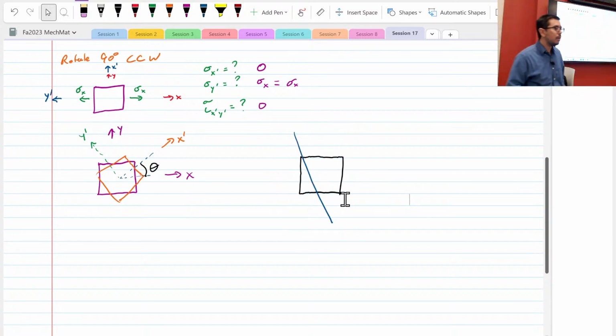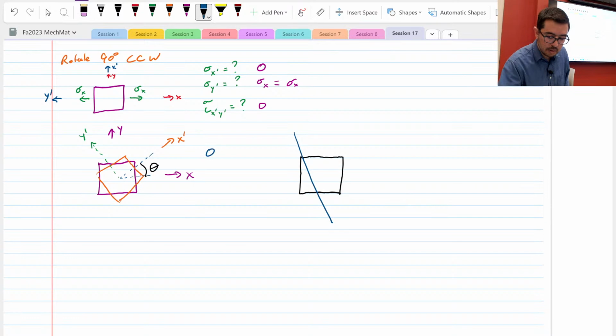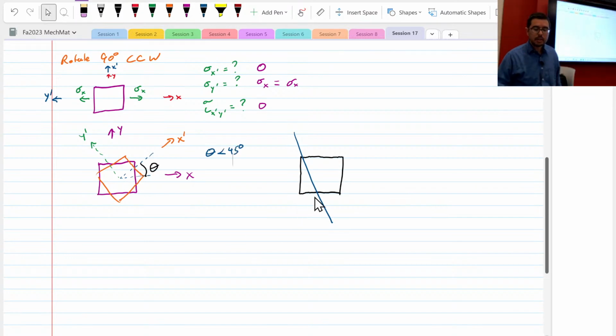Now, this is where it's very useful to exaggerate. Okay? If I were exaggerating properly, and I said this was less than 45 degrees, so let's say that theta in this case is less than 45 degrees. Which of these angles, this is a right angled triangle, which of these is less than 45 degrees?